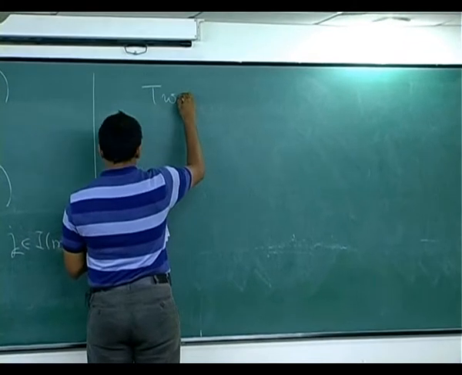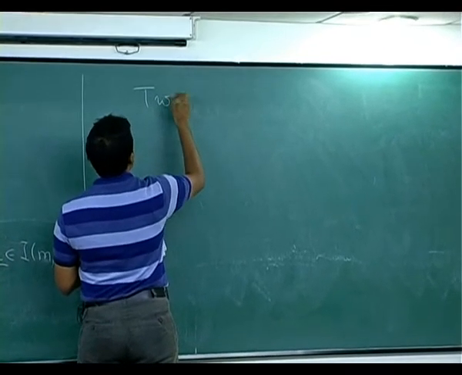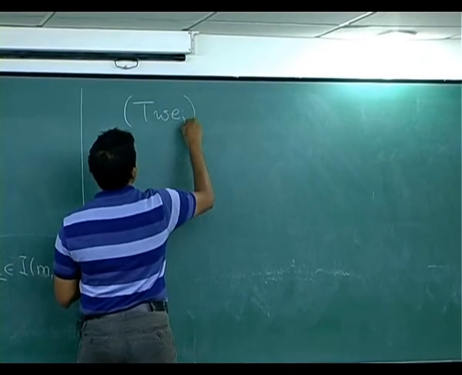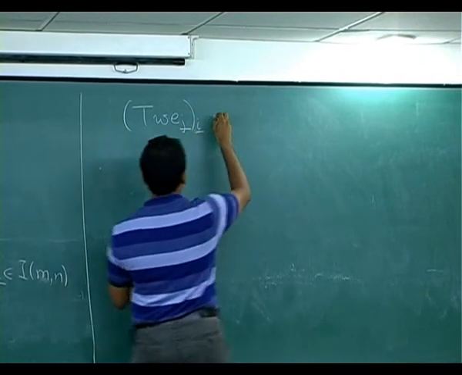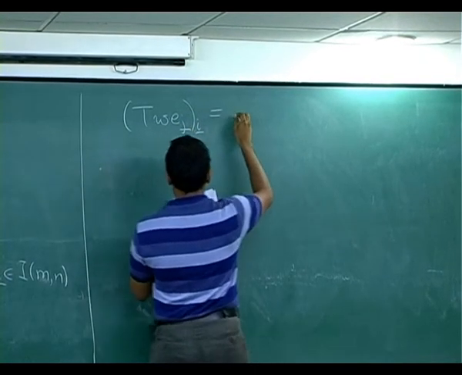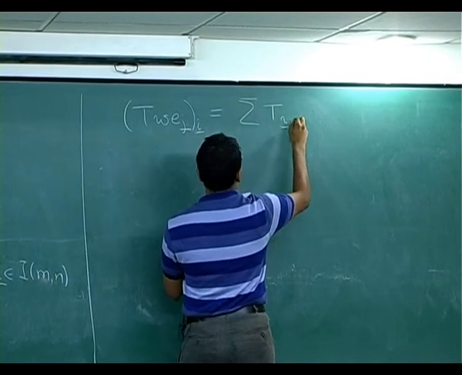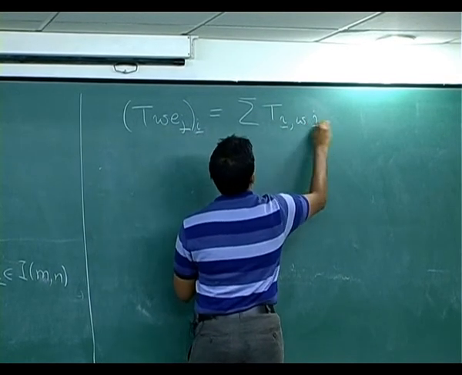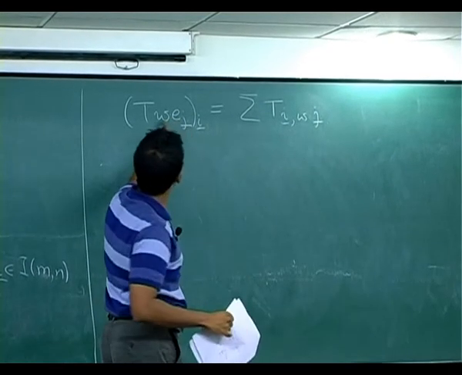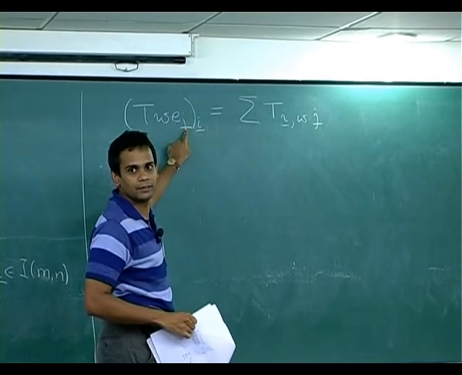T W E_j, its ith coordinate is summation T_I,Wj, right, because W E_j is E_Wj.